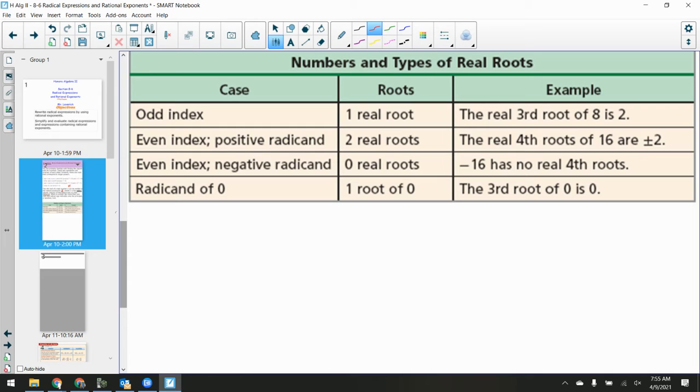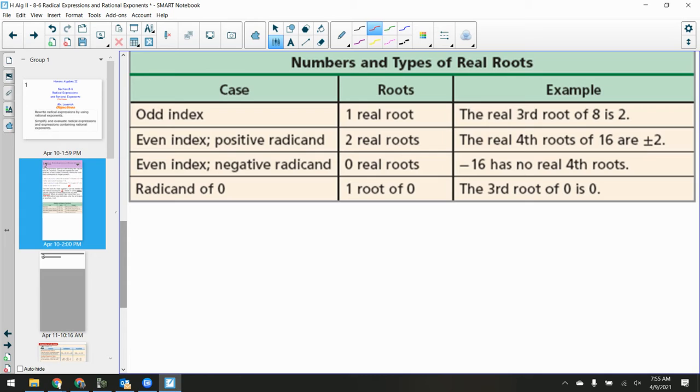It doesn't matter whether the radicand is positive or negative. Whatever the number underneath the radical is, the sign of that number is going to be the sign of your root. If I've got an even index, then it matters what my radicand is, what's inside my radical symbol.